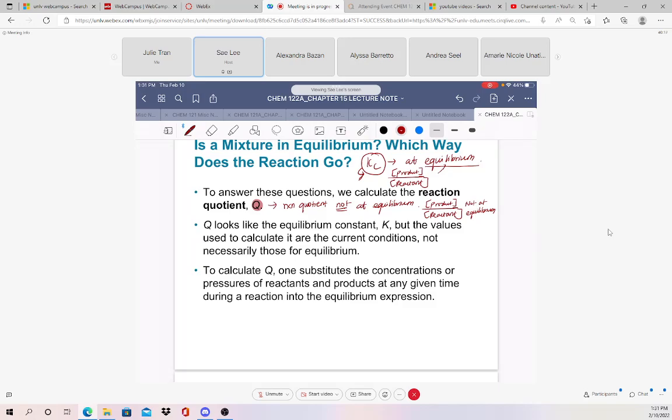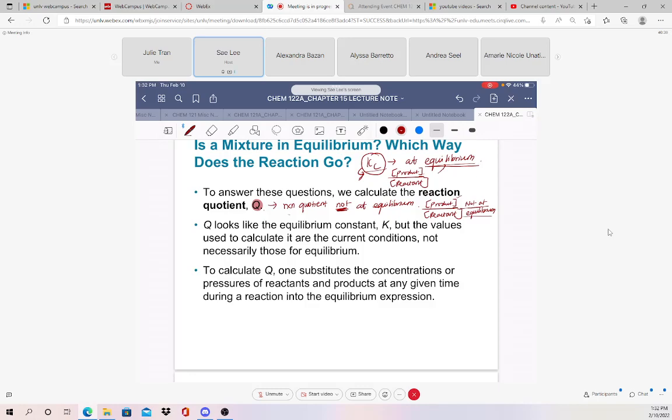So in order to calculate Kc, you need product and reactant concentrations at equilibrium. To find Q, the reaction quotient not at equilibrium, you need product and reactant concentrations not at equilibrium.